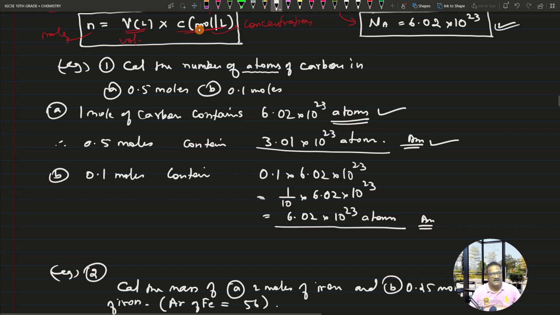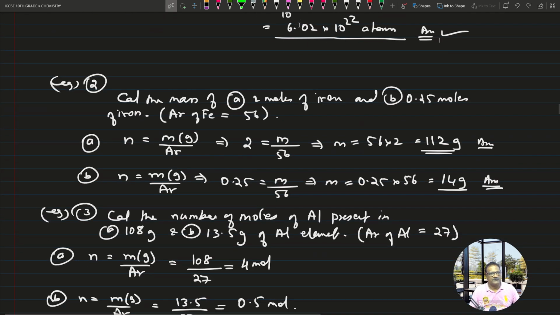So let me do that correction for you. Yeah, it has to be 22. 10 raised to 23 upon 10 will be 10 raised to 22. That's the answer.